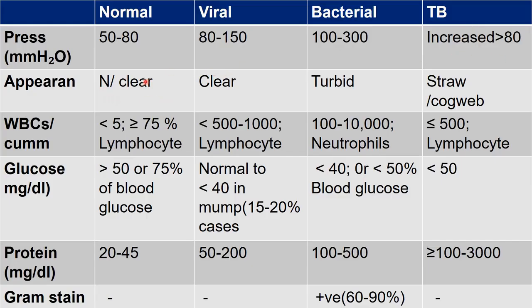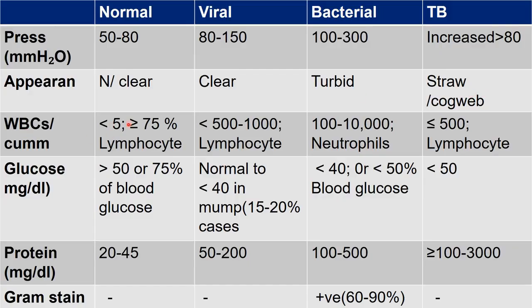Appearance is clear in the normal condition and in viral pathology. If it is a bacterial pathology, the CSF is turbid, and in tuberculosis it can be straw colored, or if you keep the CSF for 24 hours, there is a cobweb formation in the CSF sample.